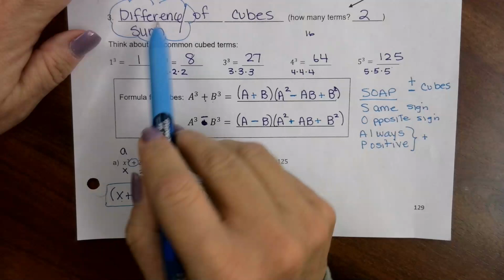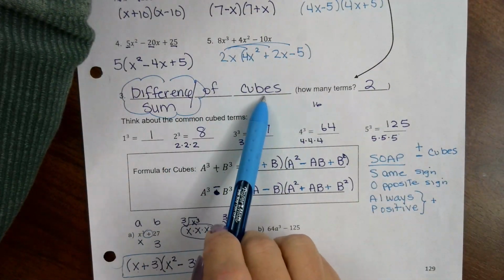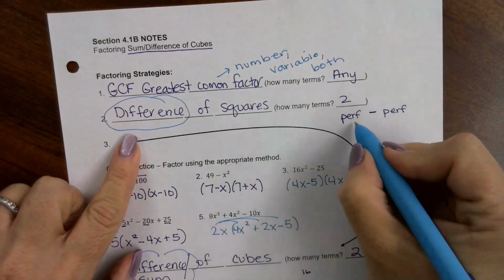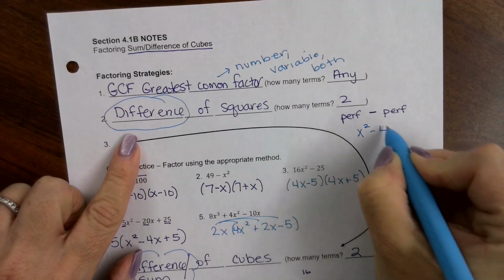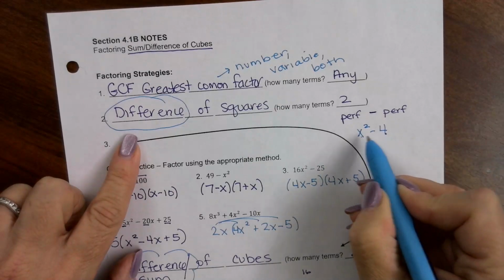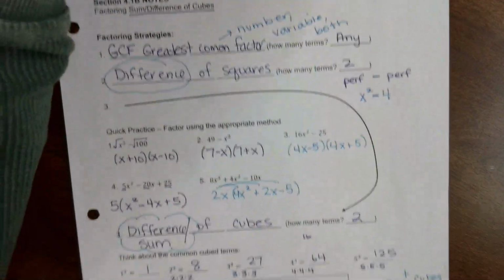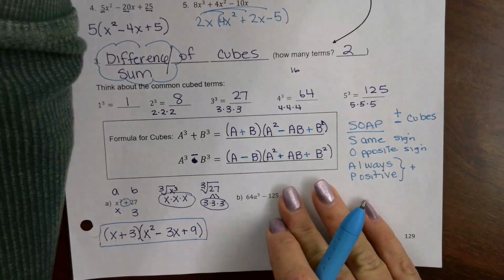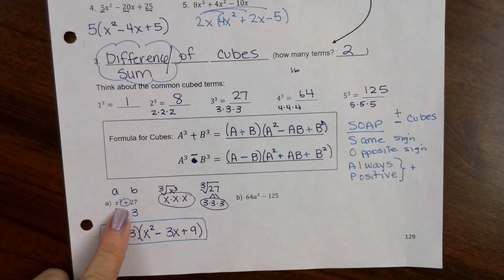So that's why up here we say sum and difference of cubes. Now, when I did difference of squares up here, perfect square minus perfect square, this only works if they are squares and they're both perfect, but it has to be subtraction. All right? Don't get confused because down here, this also works, sum or difference of cubes. So it works with addition.